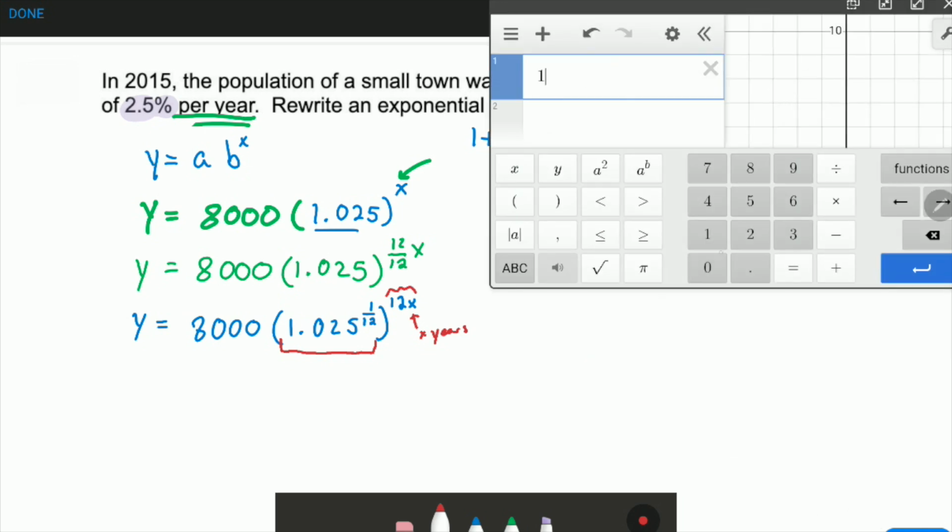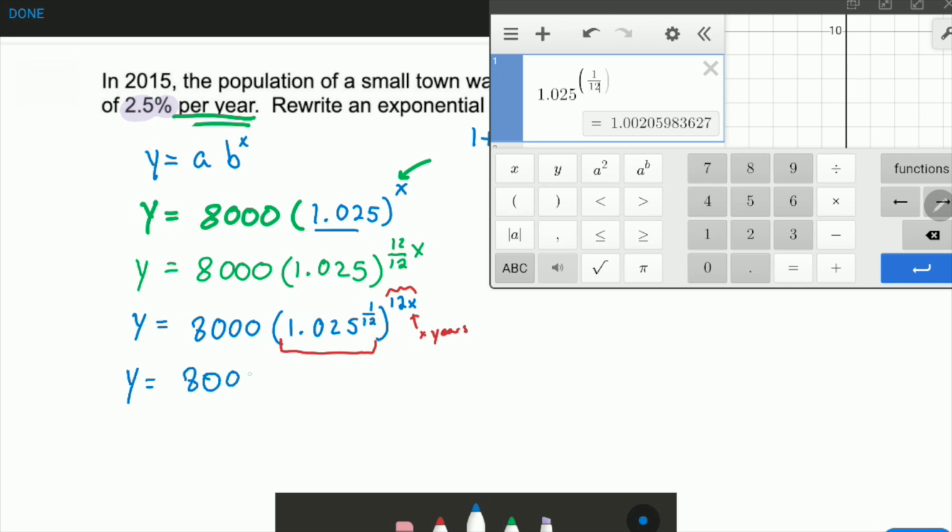So we have 1.025 to the power of 1 over 12, which turns my equation into y equals 8,000 times 1.00206, I'll keep 3 of those decimal places there, to the power of 12x.